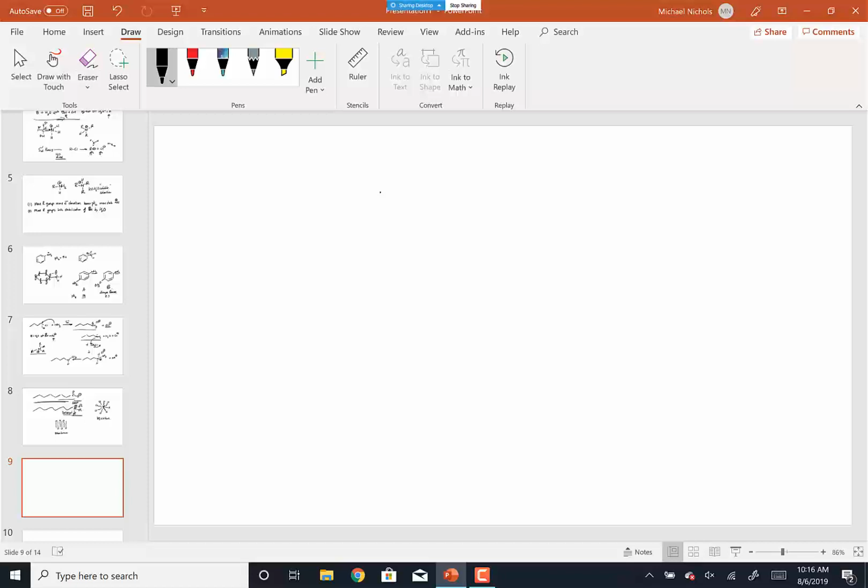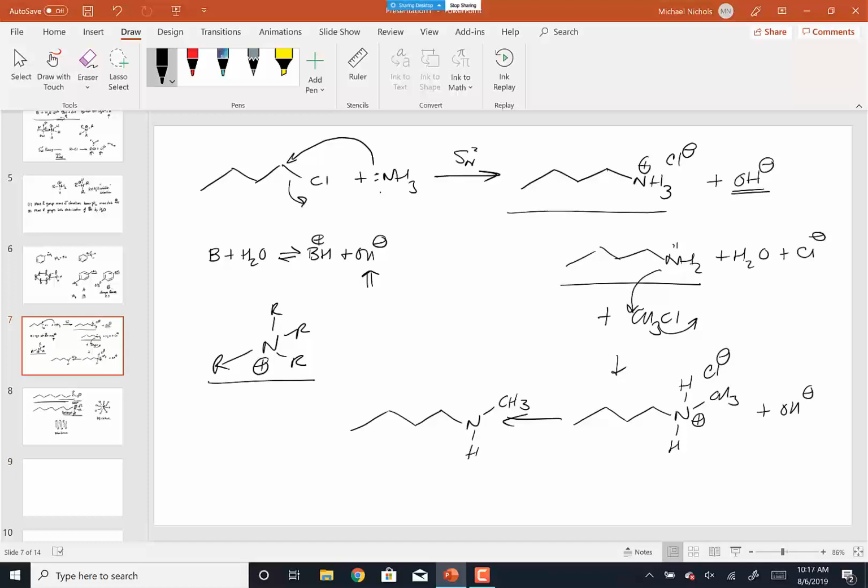We'll come back. All right, where were we at? We were at alkylation of amines to add alkyl groups to nitrogen. So that's the simplest way. Take nitrogen, nucleophile, react with alkyl halide, make the ammonium salt, but then you've got to treat the ammonium salt with base to get it back to the neutral amine.